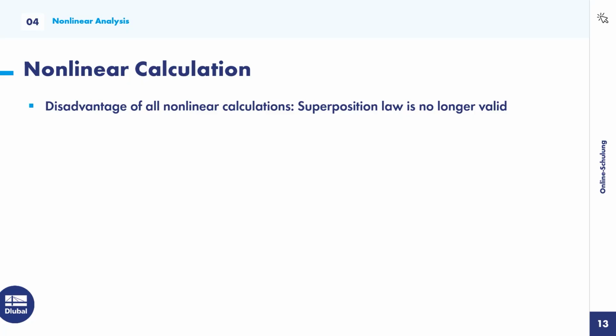And that's right for linear systems. The problem with nonlinear systems is that this is not possible anymore, because the loading from the first load case can influence the system in a way that changes its behavior for the other loading. That can happen in different applications.